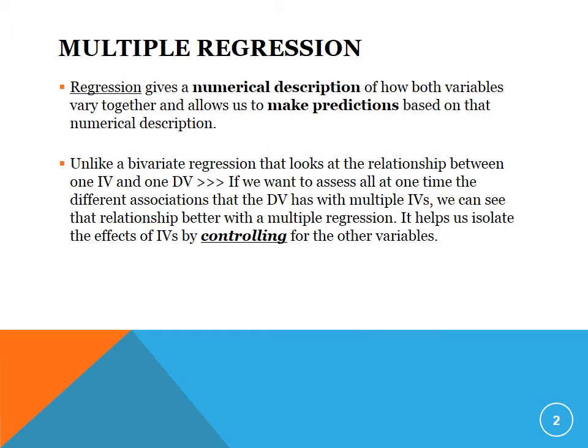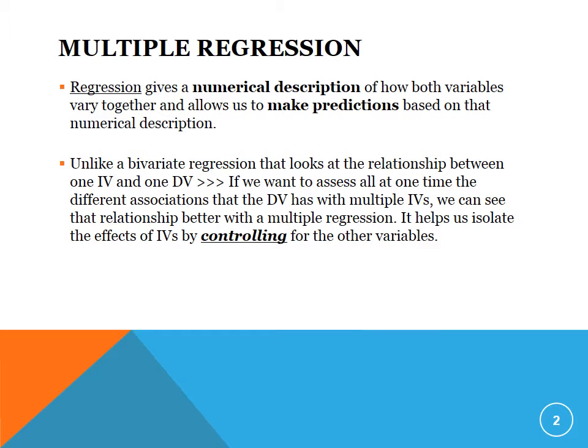Unlike a bivariate regression, however, that looks at just one relationship only, which is very similar to a correlation coefficient, in terms of just a one variable relationship to another variable relationship.